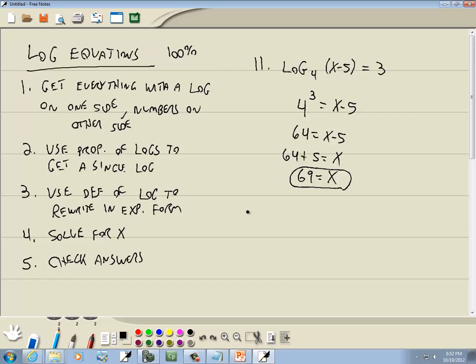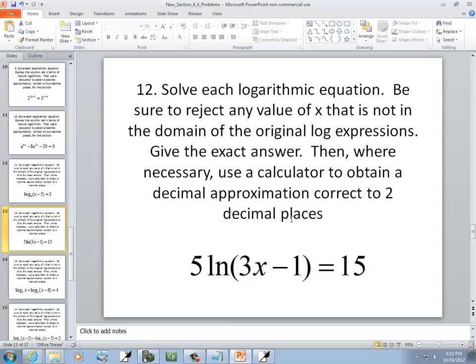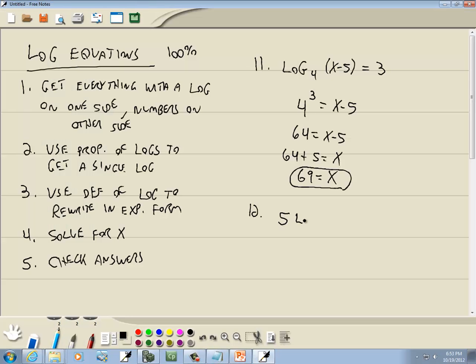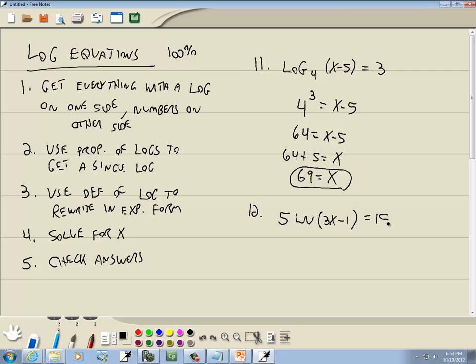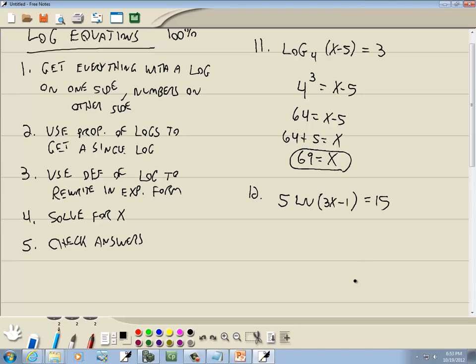Let's take a look at this one. Okay, first step, get everything with a log on one side, numbers on the other side. Well, that's done. Step 2, use properties of logs to get a single log. Now this is where I had an extra note in my 6-page document.